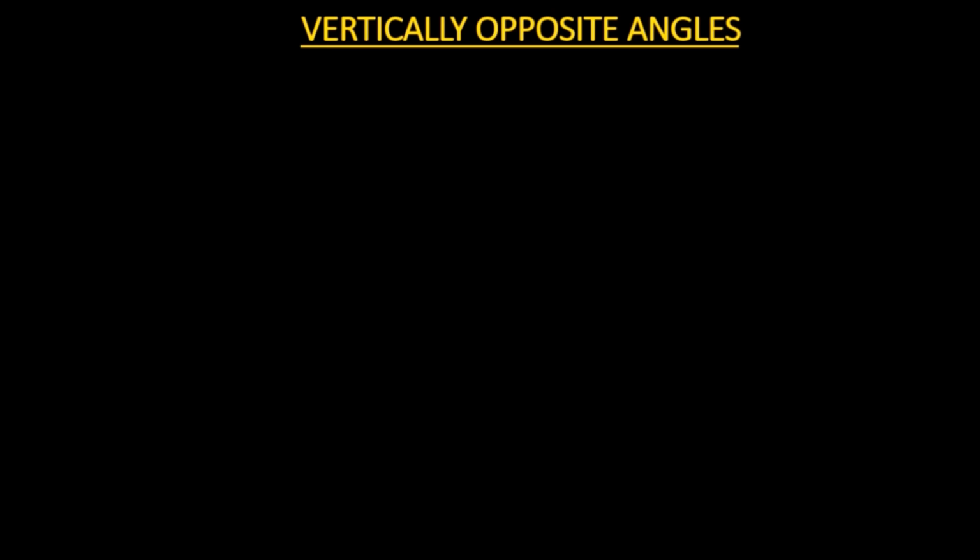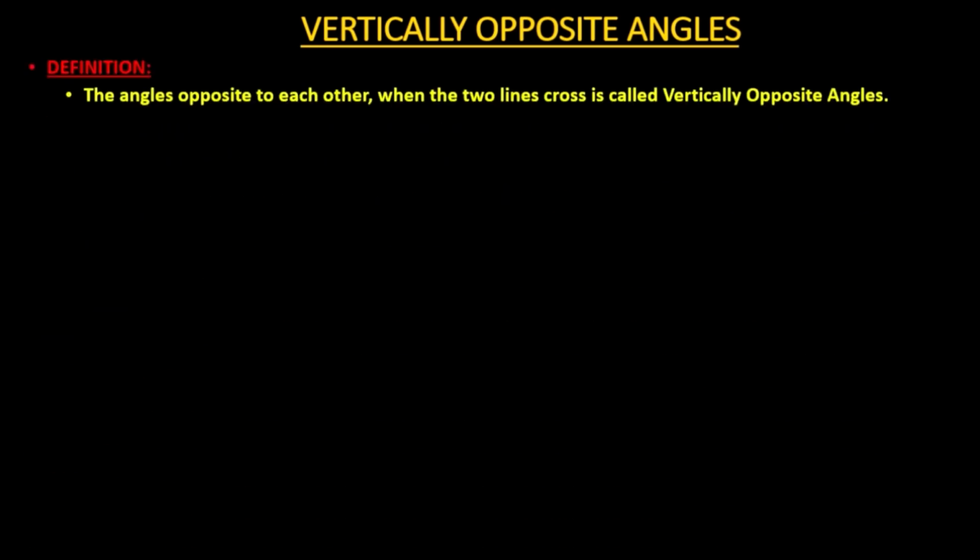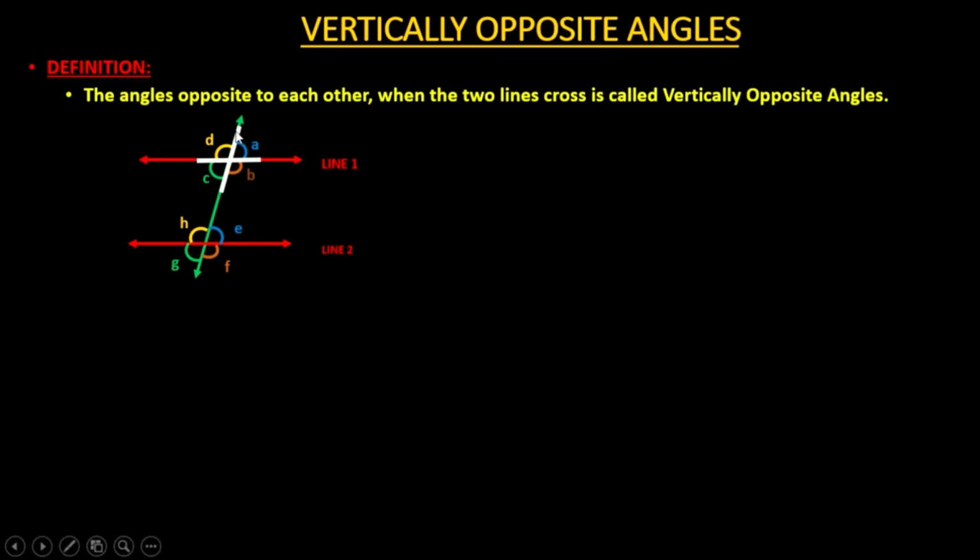Vertically opposite angles. Definition: the angles opposite to each other when the 2 lines cross are called vertically opposite angles. In this diagram, follow the white line. It is in the shape of X. Here, A and C are vertically opposite angles, and D and B are another pair of vertically opposite angles.